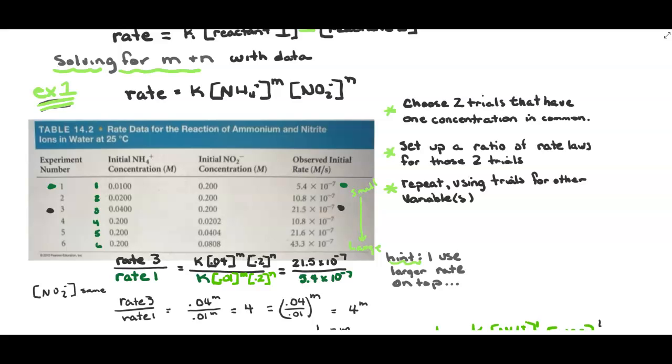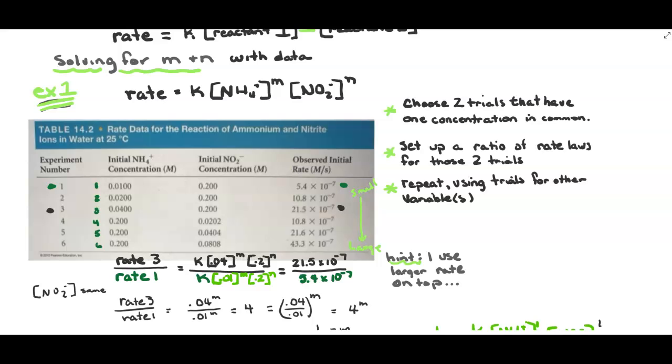And then we're going to say equals the constant times the initial concentration, which is given in the table for number 3 is 0.04 raised to some power m, times the concentration for number 3 for the nitrite is 0.2 raised to some power n, and the initial rate was 21.5 times 10 to the negative 7. Then I'm going to compare it to number 1 because it also has a 0.2 molar nitrite ion.